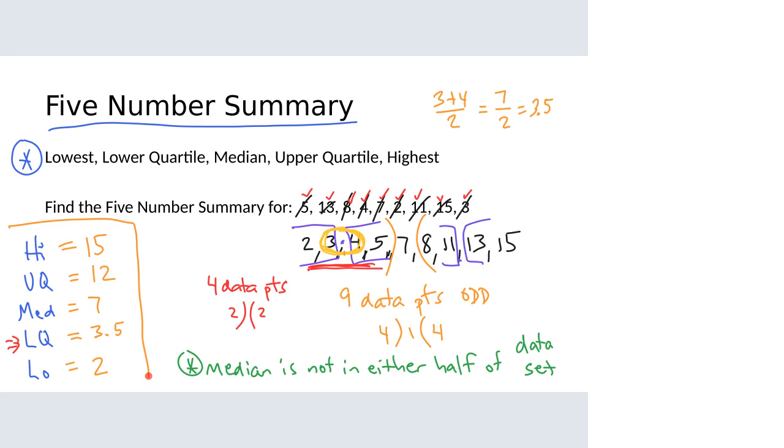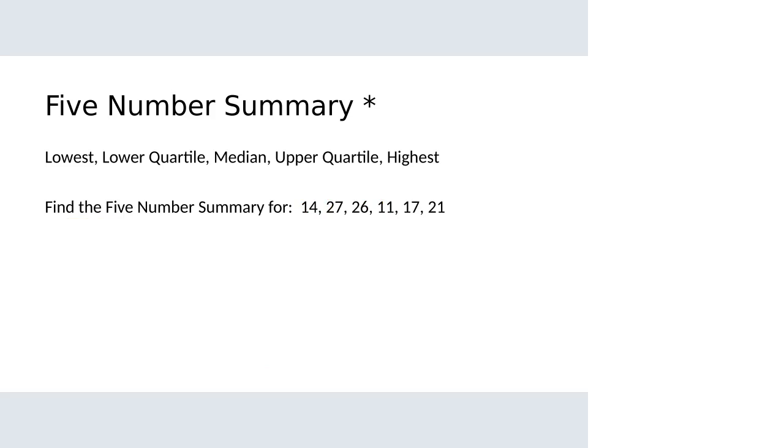Okay, great. Here goes. Find the 5-number summary for that data set. I'm going to make a poll for this, and the poll is just going to ask you for the lower quartile and the upper quartile, because I'm pretty confident you can find the highest and the lowest, and you won't be able to find those quartiles unless you find the median correctly.